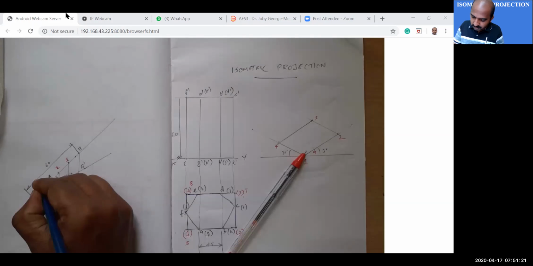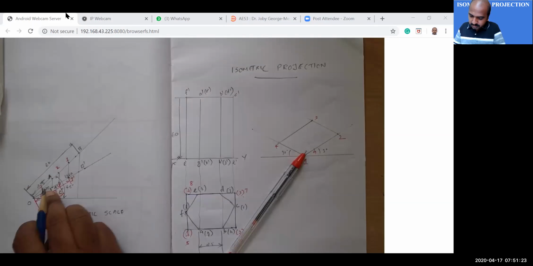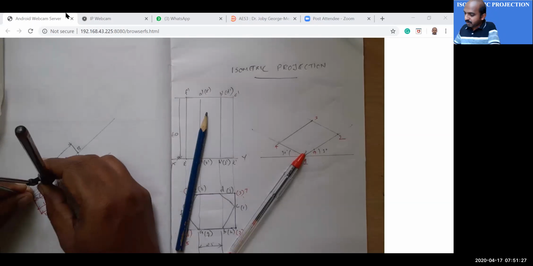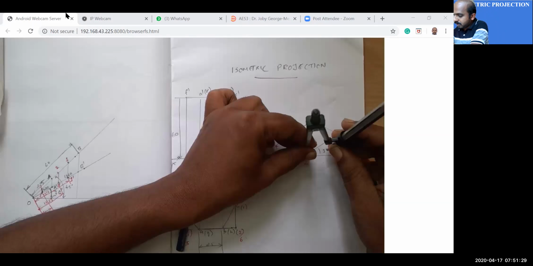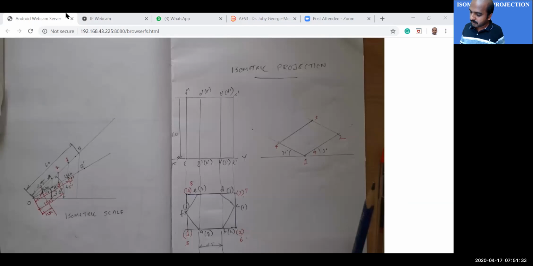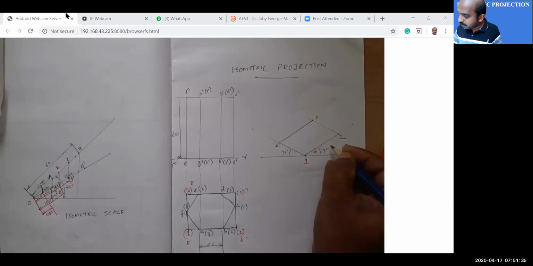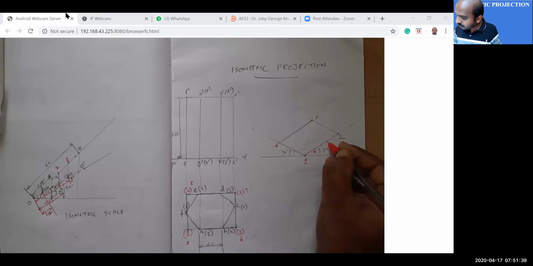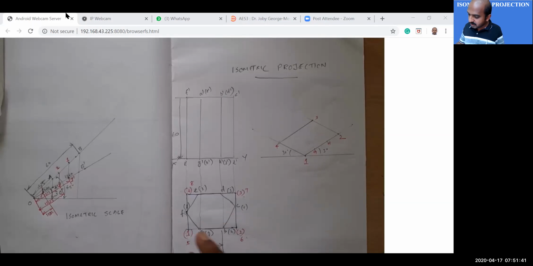This length is corresponding to the isometric length of 25. Then we mark it here. So this point is H.